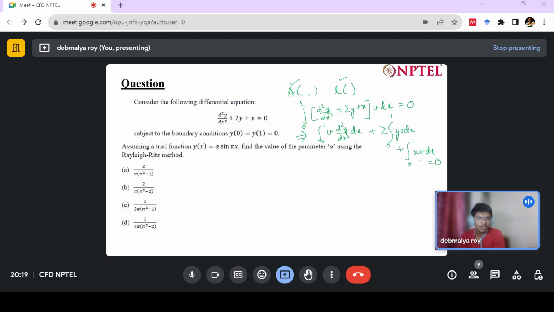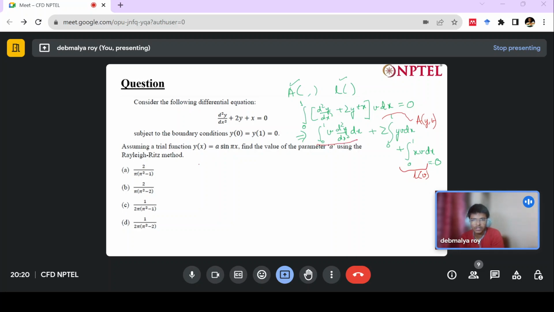You can already identify that this one is in the L(v) form, and this one is already in the a(y, v) form. Only this first term is not in any of the forms, so we have to break it.